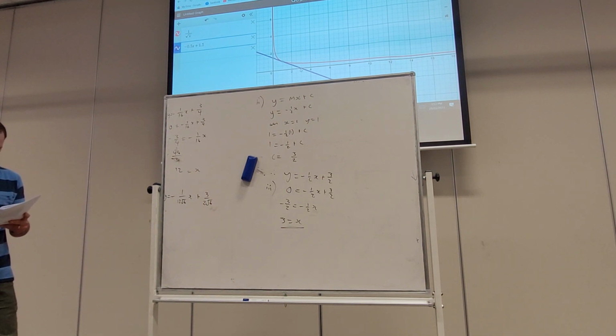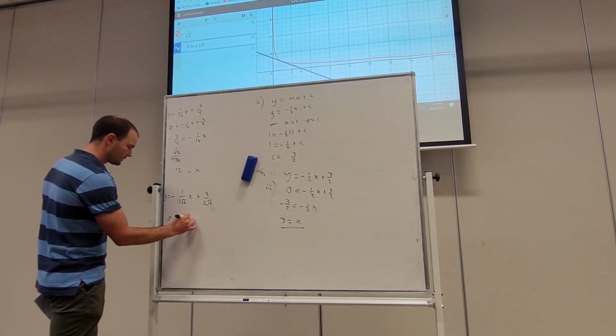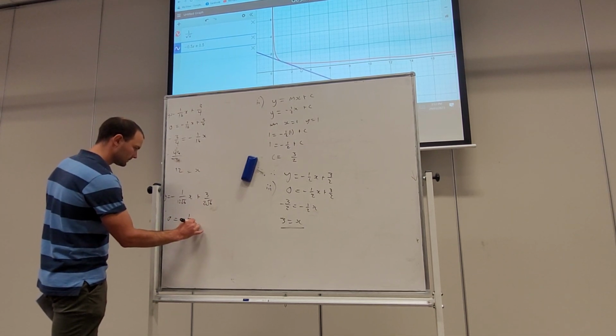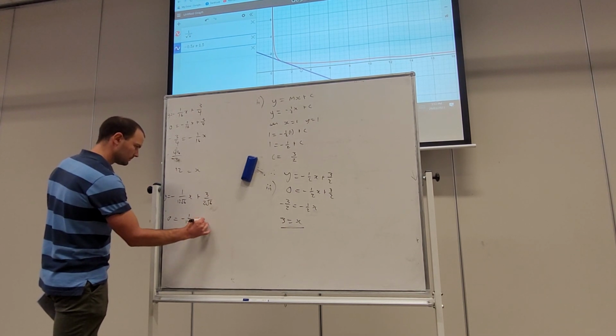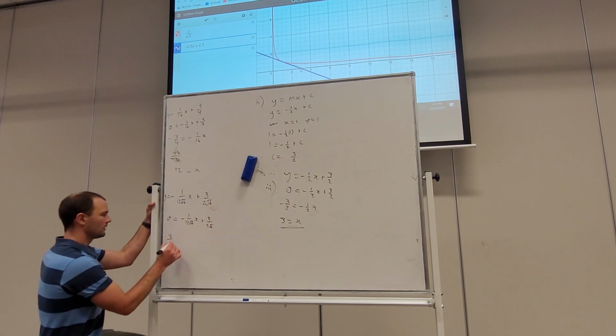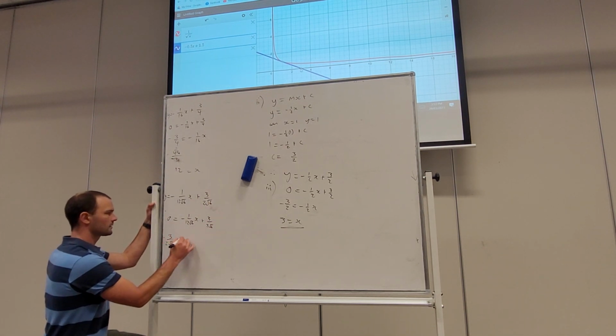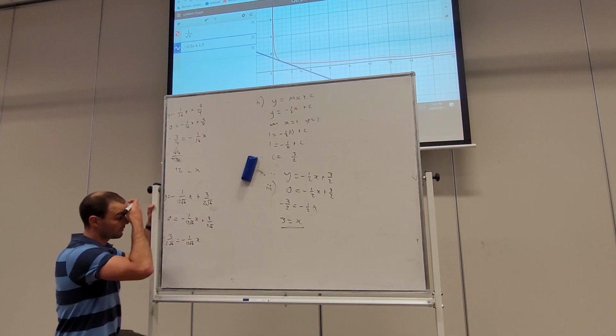Alright, so we're at B part 2. Find the x-intercept of this tangent. Minus 1 on top of 12 root 6 x. So this gives us 3 on 2 root 6. Times both sides by 12.